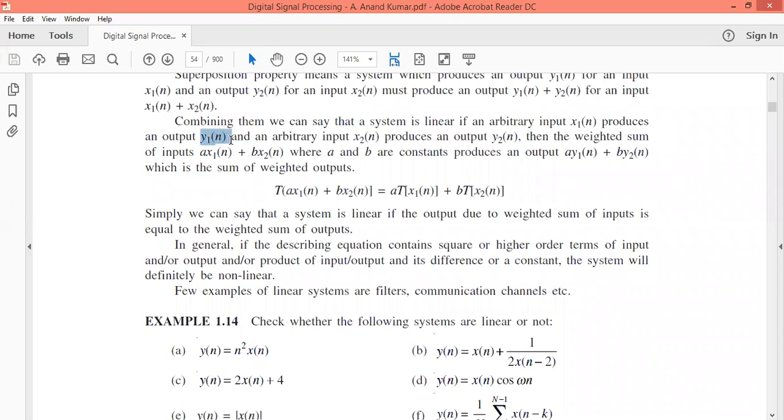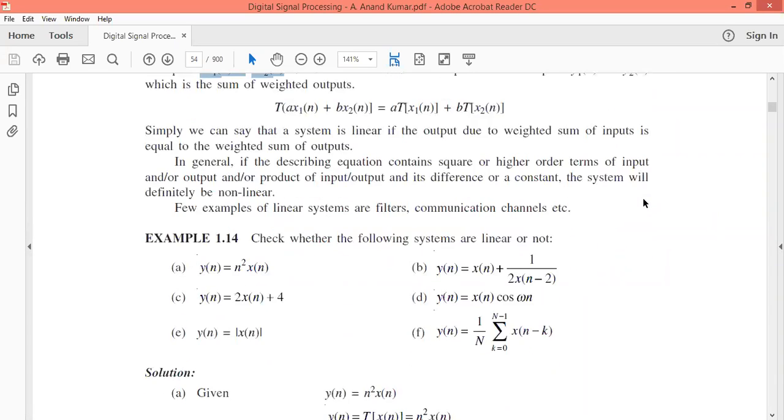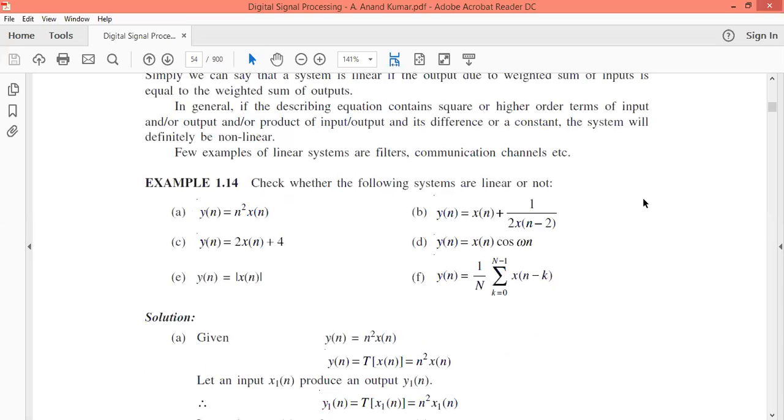Wherever we have x, replace x with x2 and write the output as y2. Now in the place of x, write x3, which is a x1 plus b x2. Check y3. What is y3 you are getting? If your y3 is equal to a y1 plus b y2, then the system is said to be linear. Otherwise, the system is said to be non-linear.